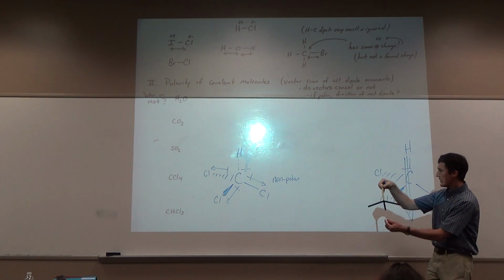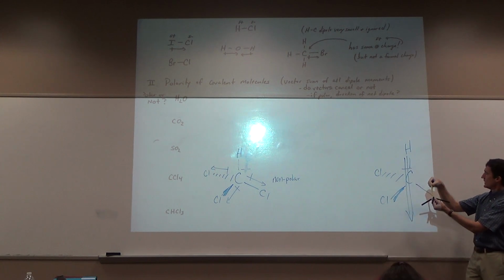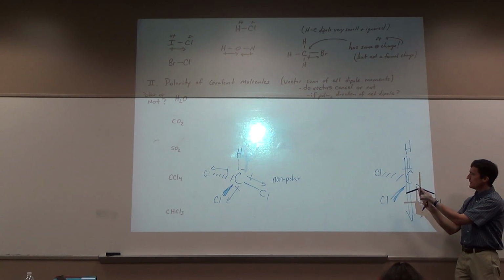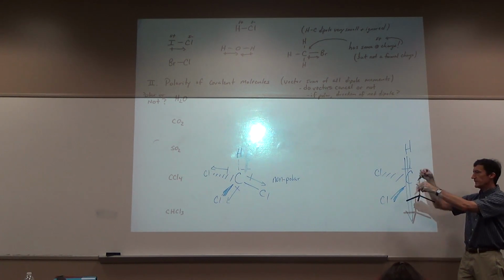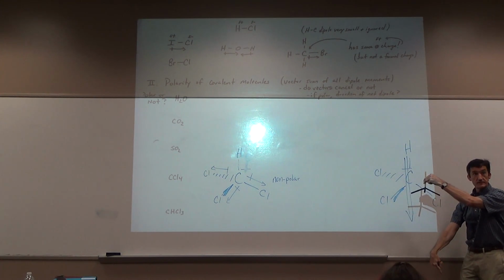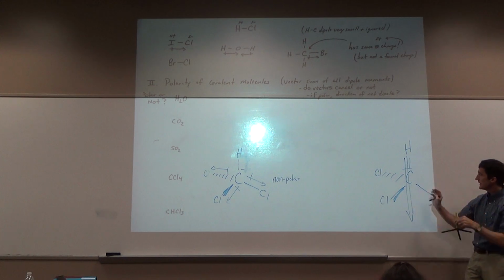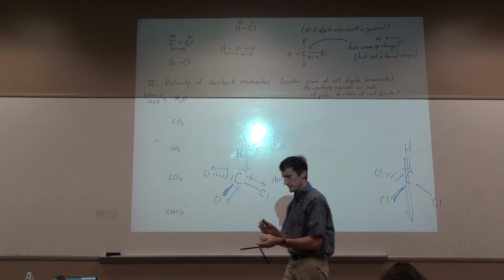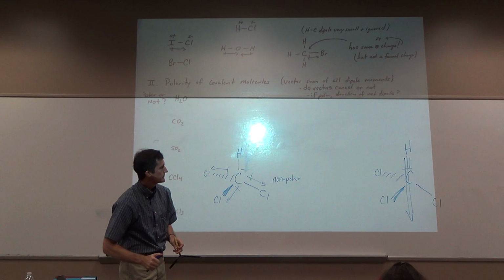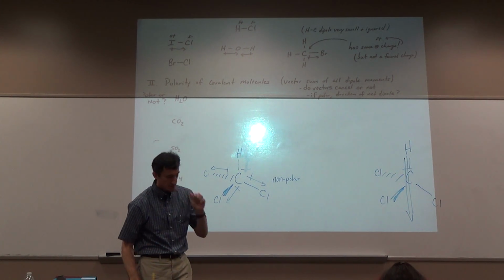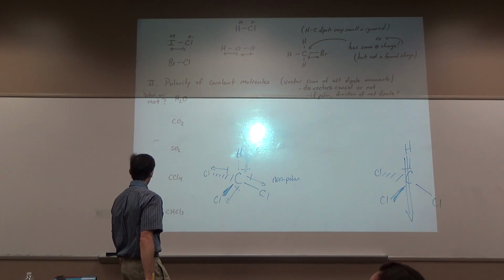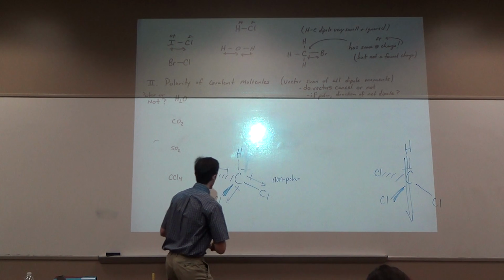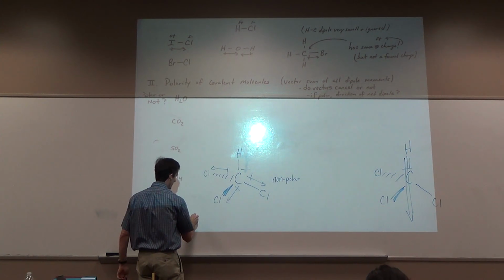That chlorine is supposed to be going back, this chlorine is supposed to be coming forward, but the dipole arrow goes straight down the gut. You have to visualize it here, which is the summation of the three individual dipole vectors. So chloroform is polar, yeah? So the molecular dipole moment.